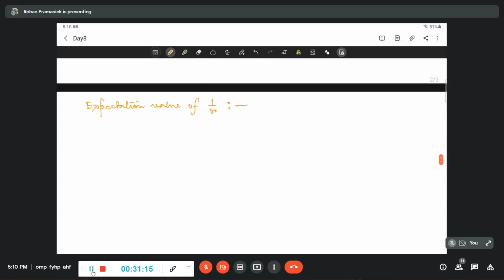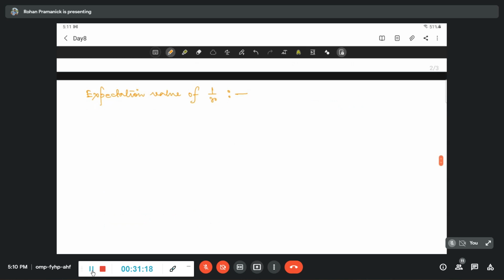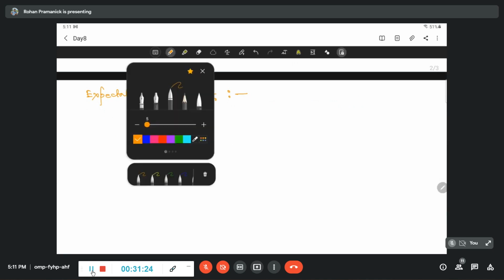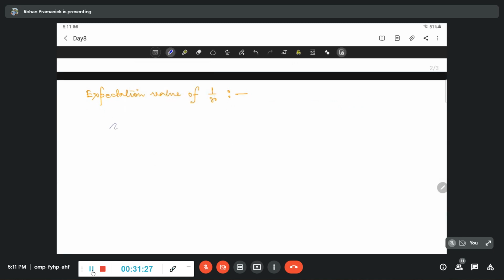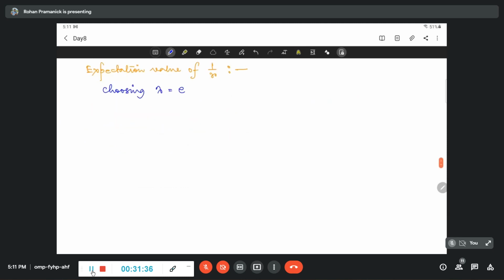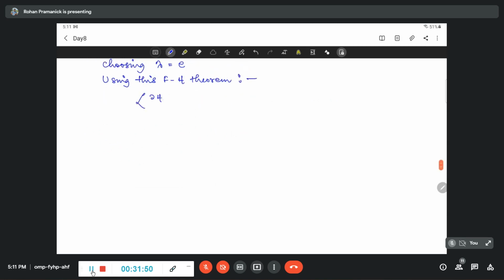So by using this Feynman-Hellmann theorem, let's choose lambda equals to E. We get del H function of E, del E. There is no n involved in H, so this is not correct.